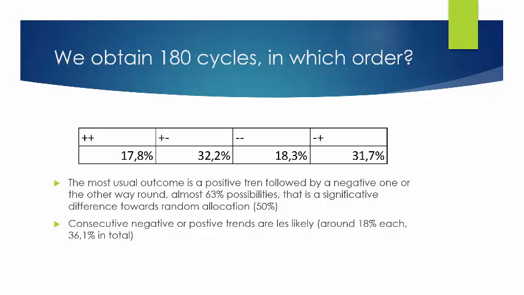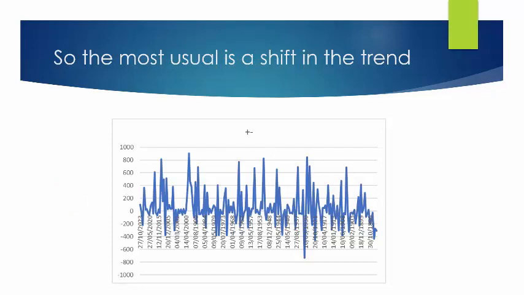As you see there, the probability of two continuous negative or positive trends, so not shifting, the bullish trend or the bearish trend after the shift has come, is only 18% in each case. So that means that it is quite interesting.